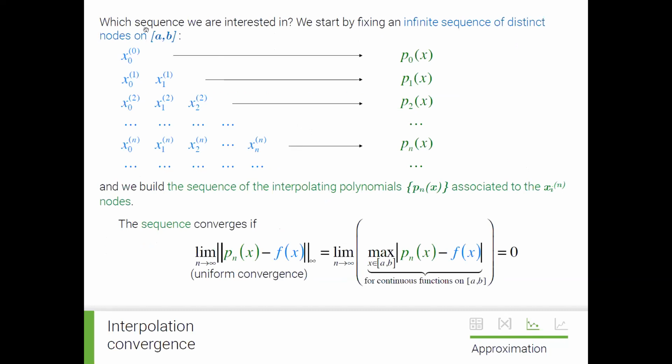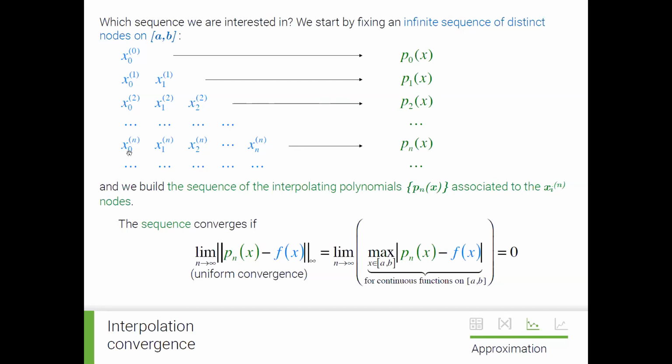Which sequence are we interested in? Let's start by fixing an infinite sequence of distinct nodes on the interval a, b. For x0, we correspond the polynomial p0. If x0, x1, it will be p1. If x0, x1, and x2, it will be p2.